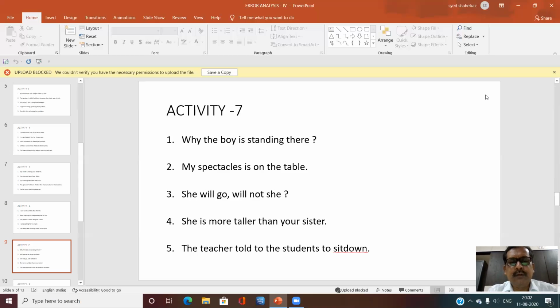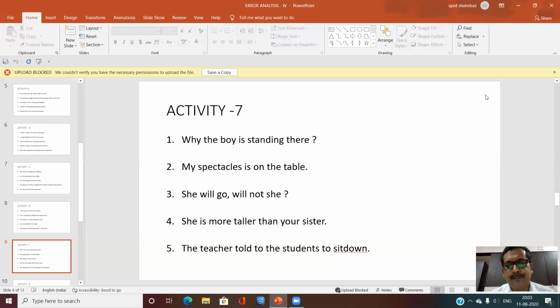Next, she will go, will not she? So here the mistake is in the use of question tag. See, the statement is positive, the question tag is negative, but the question tag is in full words, and in a question tag we use the contracted form.